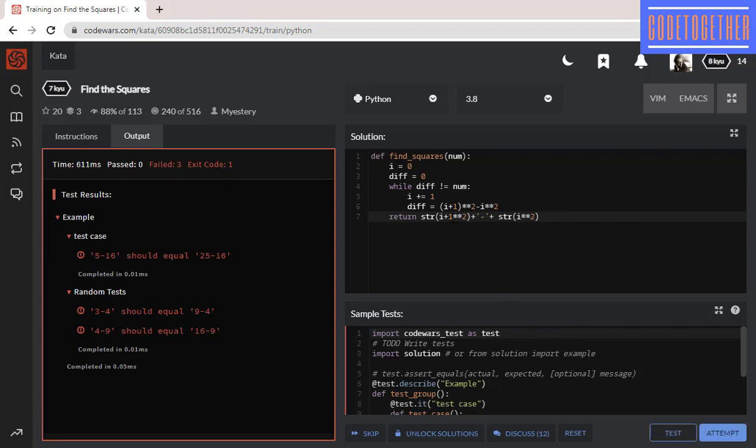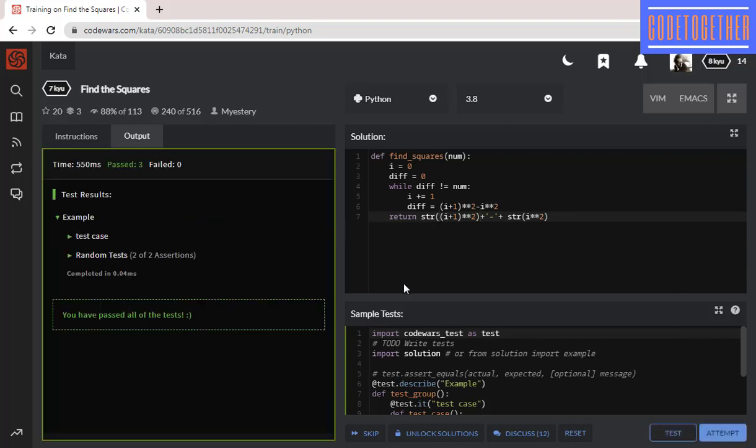Sorry, we should put parentheses here and here. And that's it.